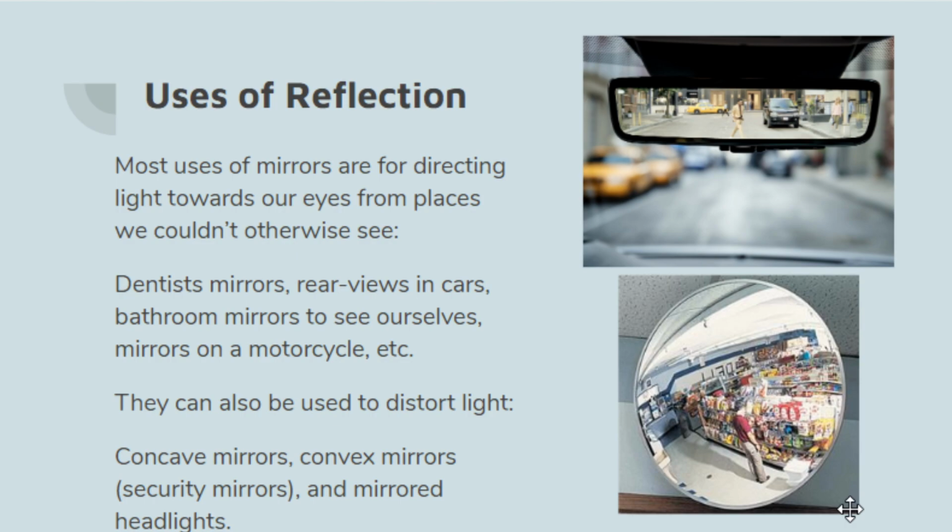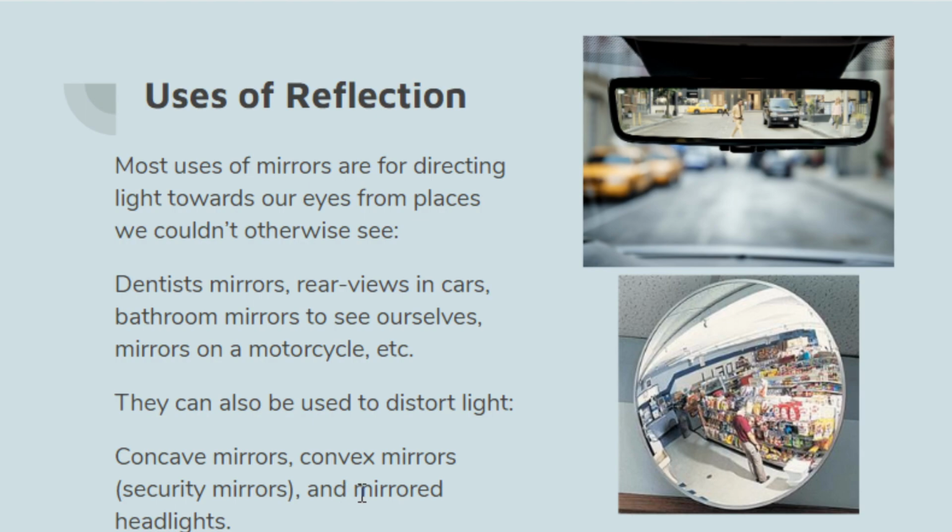So they're hit with more rays of light. And then once reflected back to us, we see a slightly distorted image, but we can see more. So those are really useful, maybe you'll see them around corners or in stores. So people can catch others shoplifting or something. And they're also used for safety, walking around a corner, you can see people coming around a corner.